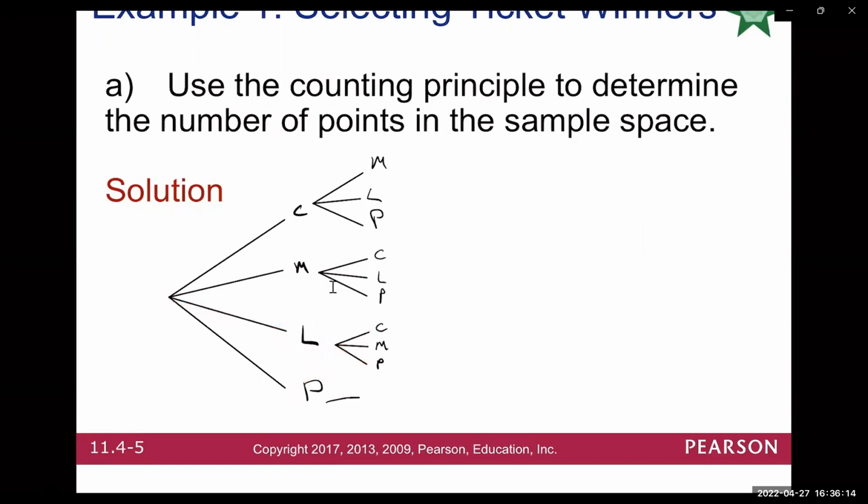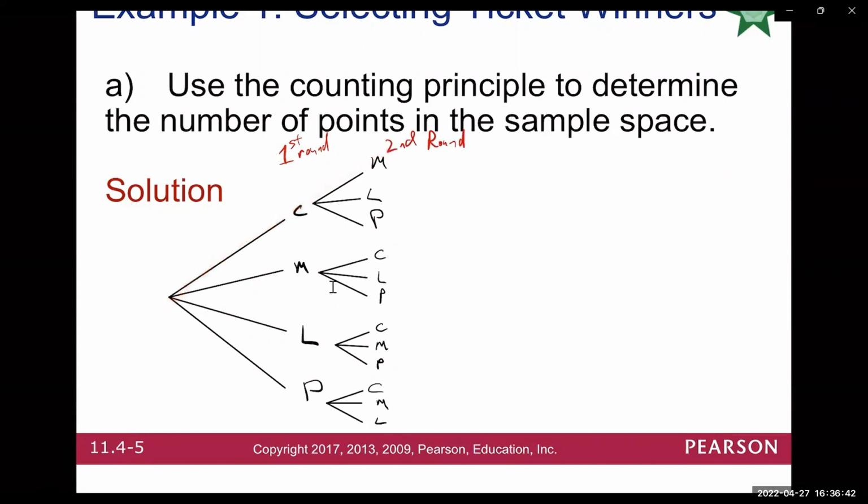Then the possible people for the second selection would be Christine, Mike, and Larry. So there you go. This is the first round, and then this is the second round.